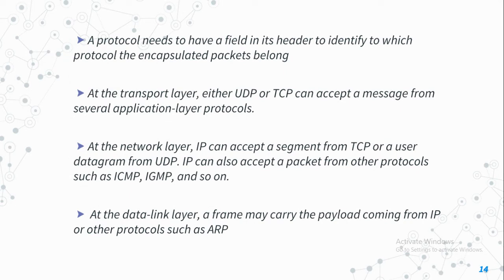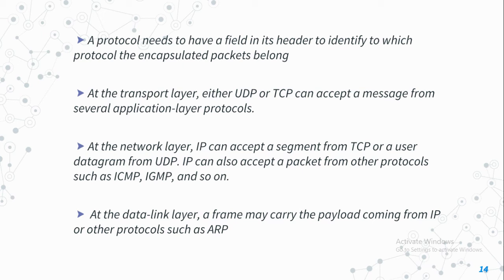A protocol needs to identify to which protocol the encapsulated packets belong, using its header field. At the transport layer, either UDP or TCP can accept a message from several application layer protocols. At the network layer, the internet protocol can accept a segment from TCP or a user datagram protocol.